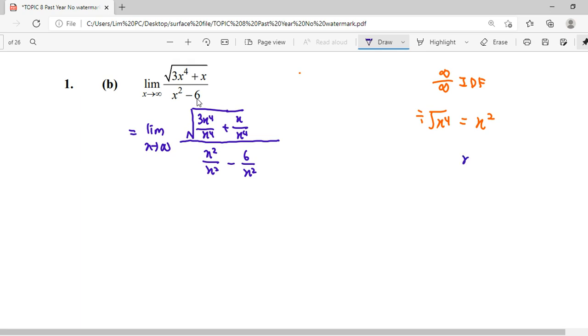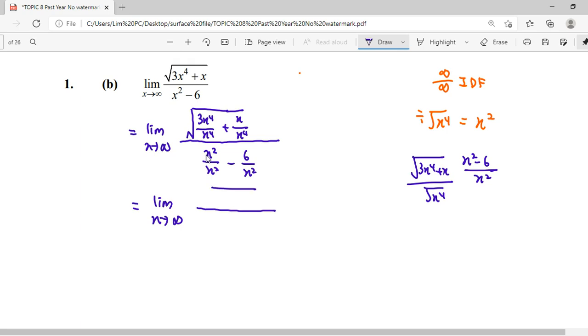So actually it is x squared minus 6 divided by x squared. In order for us to simplify more easily, I will write it independently, one by one. So it is square root of 3x power 4 plus x divided by square root of x power 4. Surd over surd, we can write under one surd function. Then only we proceed to the next step and simplify it. So 3 plus 1 over x cubed, over 1 minus 6 over x squared.